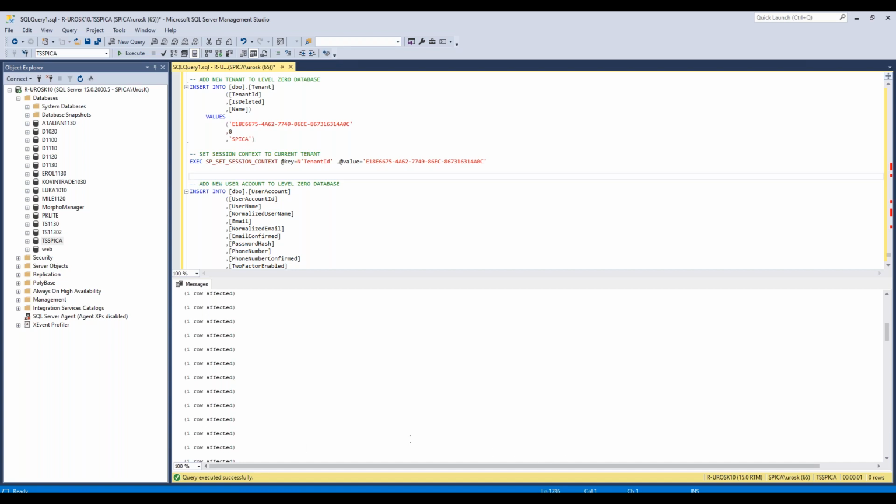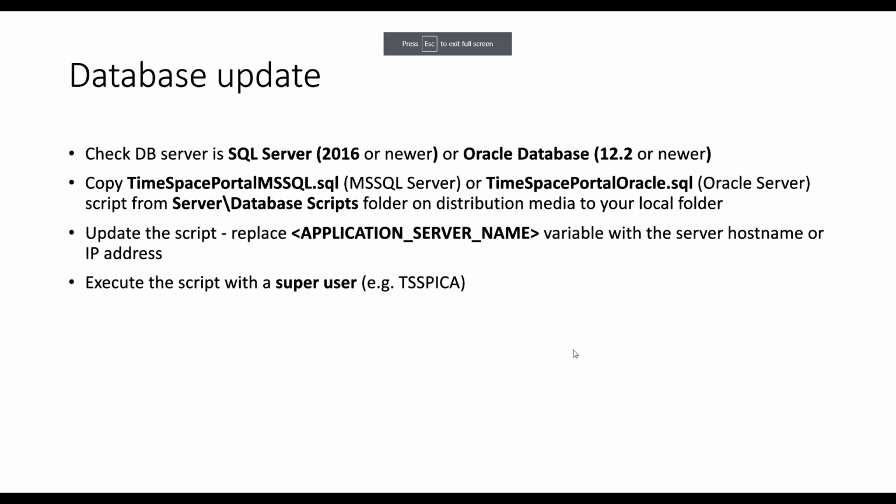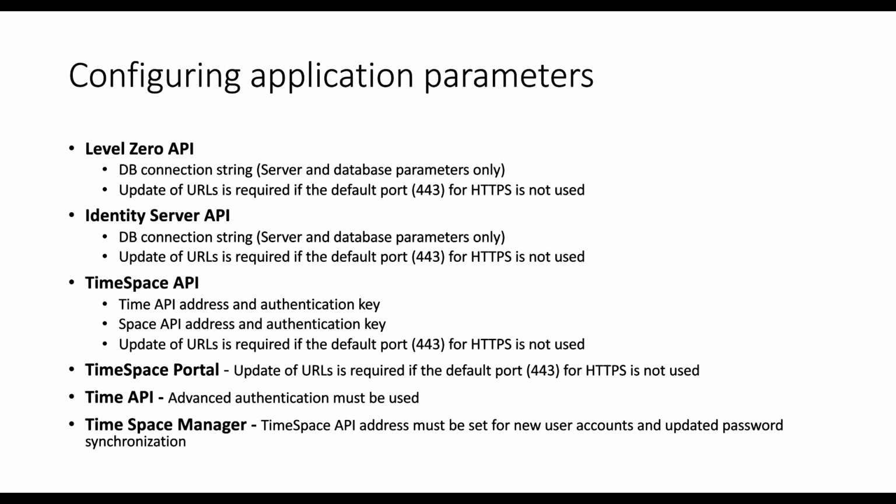Okay, so now I have completed the third step of the installation. And now I have only one step left to do, which is to set up some configuration parameters.